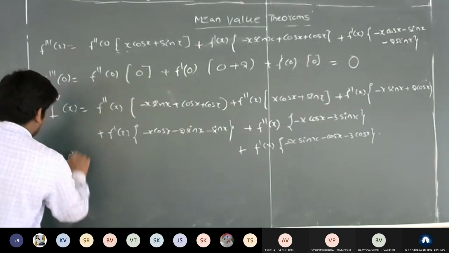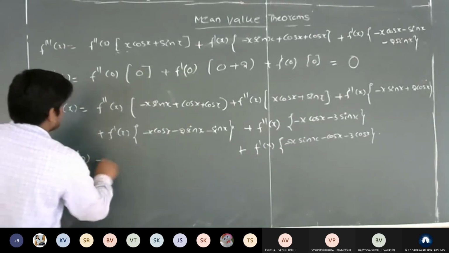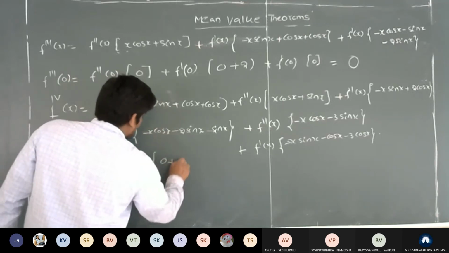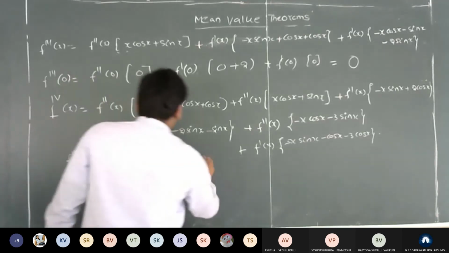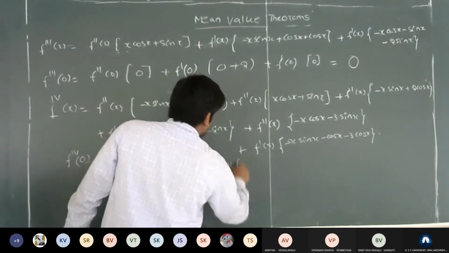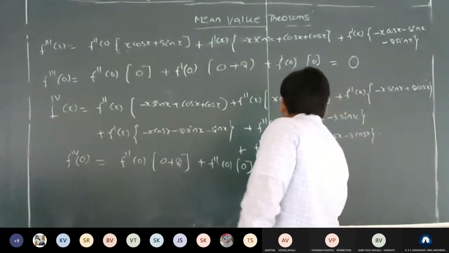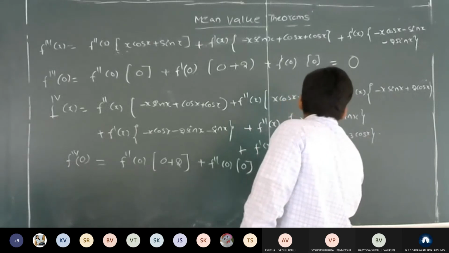So f fourth dash of 0 is equal to f double dash of 0 into 0 plus 2. Next f double dash of 0 into 0, so this is also 0. Plus f double dash of 0 into 0.